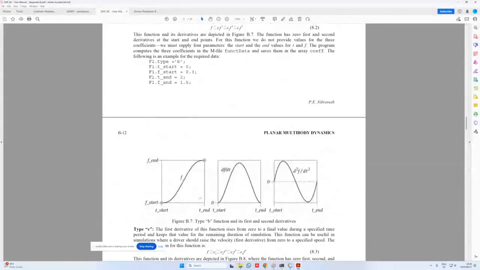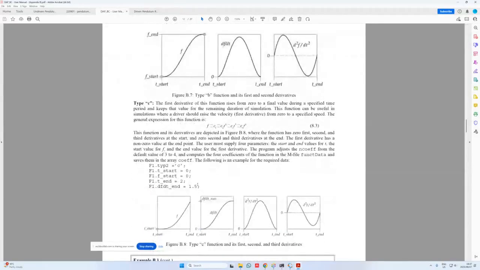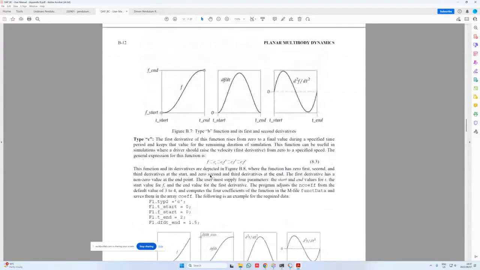And this is in accordance with these function curves that I have over here. Type C is then if I have c1 plus c2t to the fourth plus c3t to the fifth plus c4t to the sixth. And over here I need to give it a sort of derivative parameter as well, together with the t start, f start, and t end.